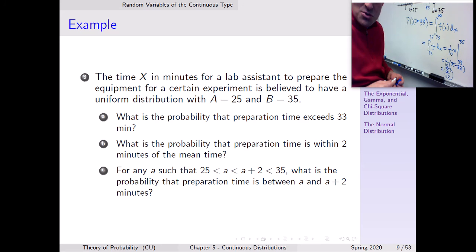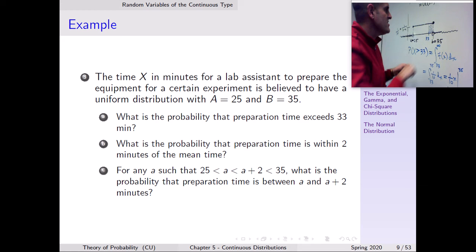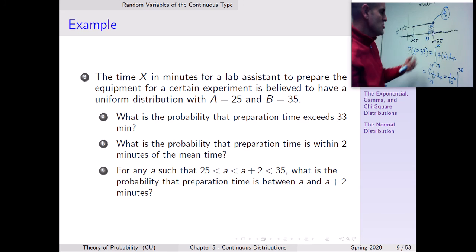But that's exactly what you would expect, remember? So the probability that happens is 2/10, which if you look up here, that's exactly what this area is right here. So this is 2/10. That's exactly what you would expect.